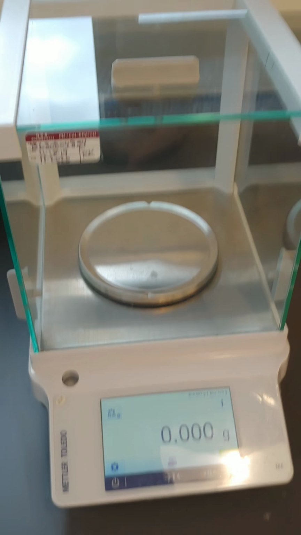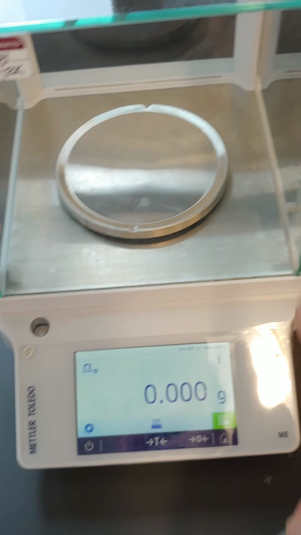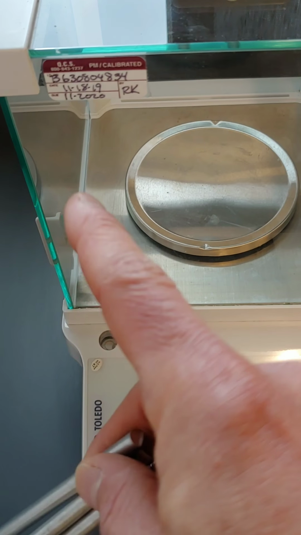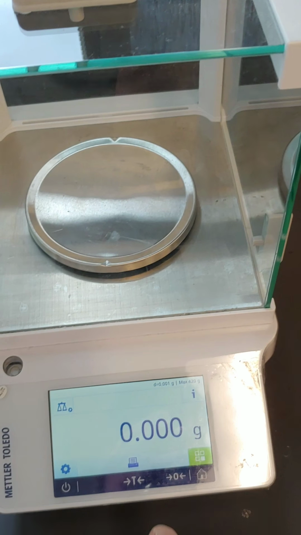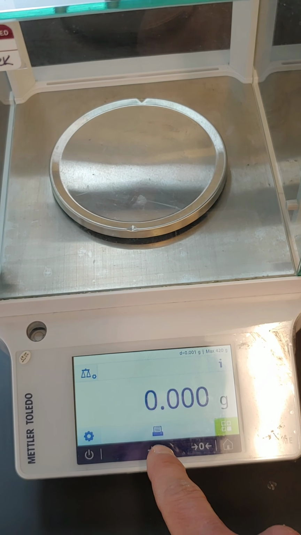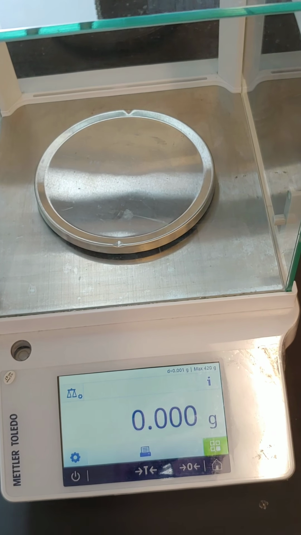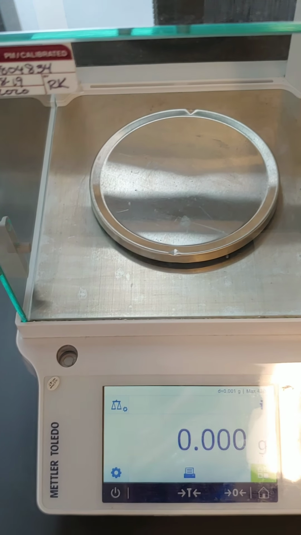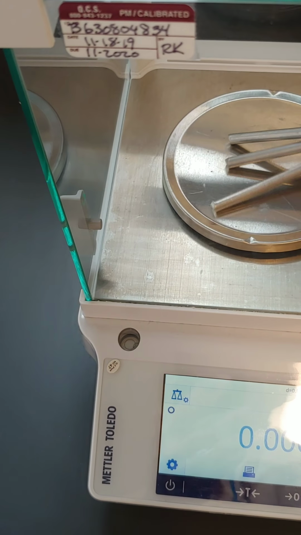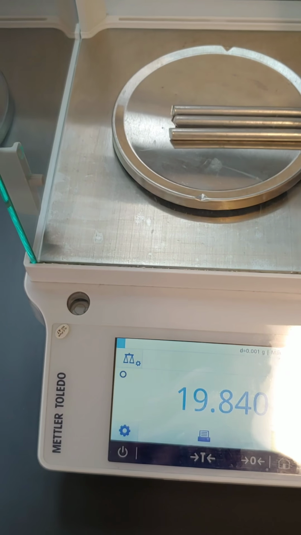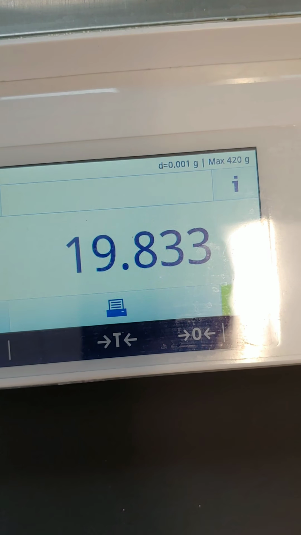I can see that the balance is empty. All the doors are closed on it. To make sure that it's reading 0, I would hit the T button to tare it or re-zero it out. Then I'm going to place my 3 sticks of aluminum on there and see what weight I get.